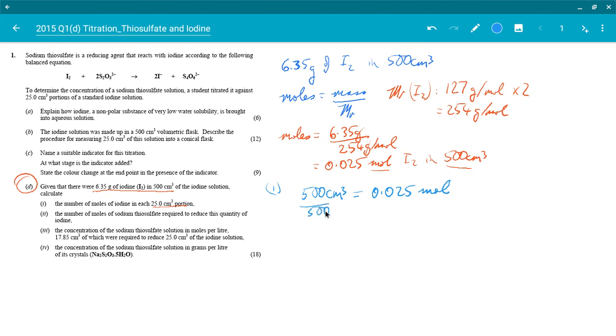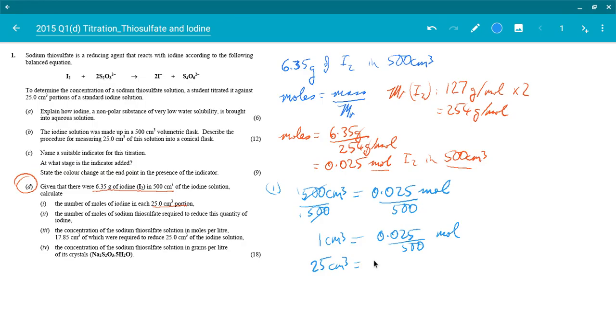So I do that by dividing both sides by 500, because any number divided by itself is 1. So that gives me 1 centimeter cubed equals that fraction there, 0.025 over 500 moles, and 25 centimeters cubed is simply that fraction times 25.